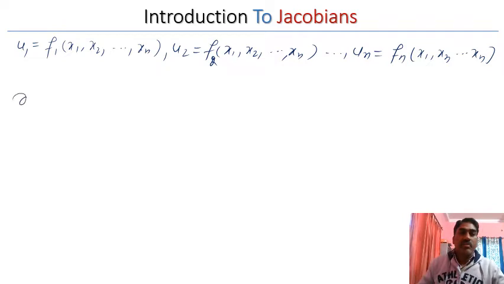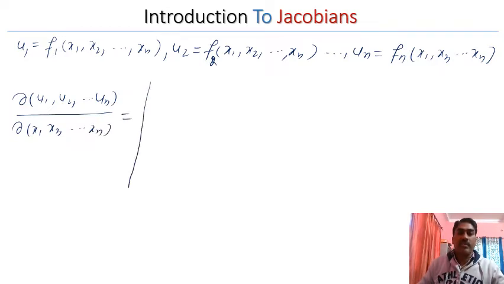Then the Jacobian of u1, u2, un with respect to x1, x2, xn is defined as the n by n determinant.